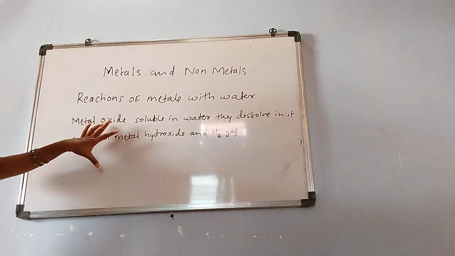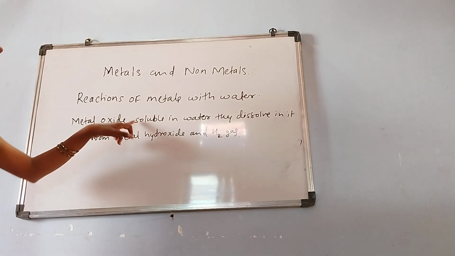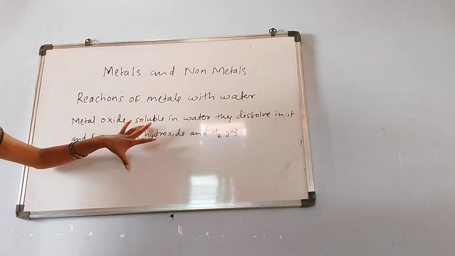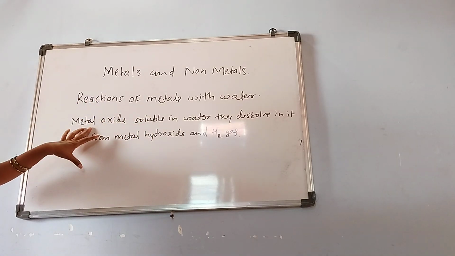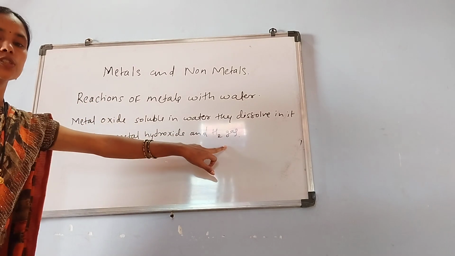So this is the second case. In this case, the metal oxide again reacts with the water, because these metal oxides are soluble. All the metal oxides are not soluble in water. Those that are soluble in water dissolve in it and form a metal hydroxide and hydrogen gas.